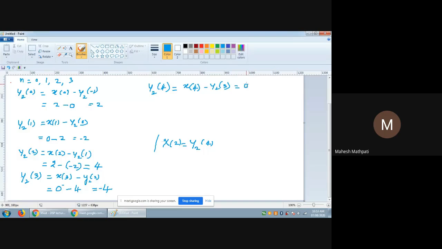No. So we write it as 0 minus of minus 4, which will be equal to 4. So what is the value of x of 2 finally? Therefore, x of 2 is equal to y2 of 4, which is simply 4.